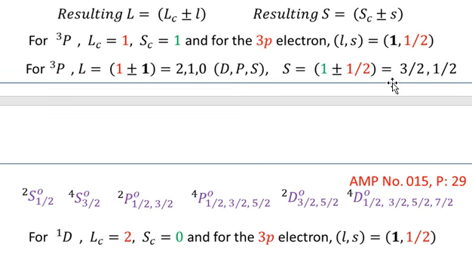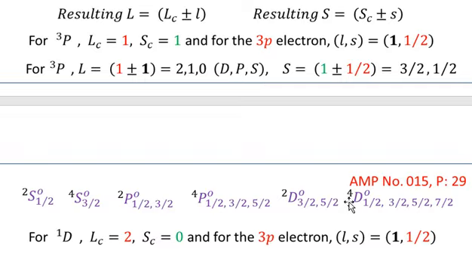So now I am writing down the multiplicities with these terms. With the D term, I shall write two multiplicities, 4 and 2. And with each of these terms, I shall write the two multiplicity values, one is 4, the other is 2.